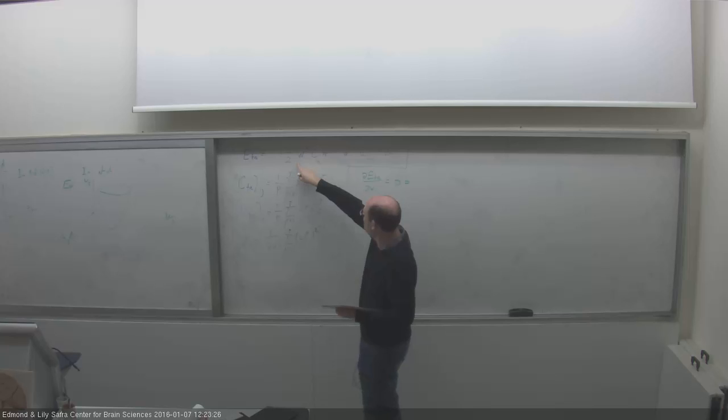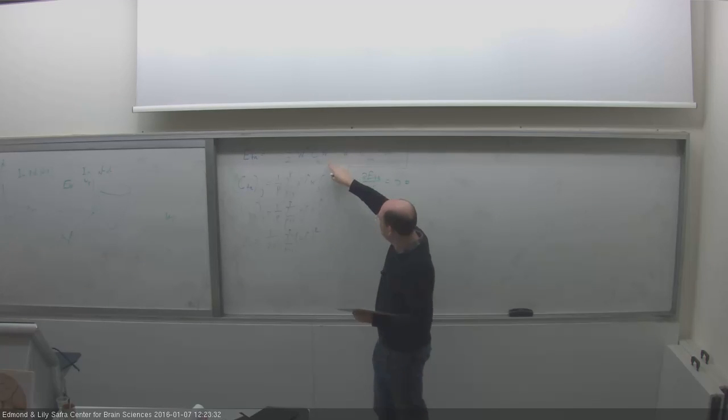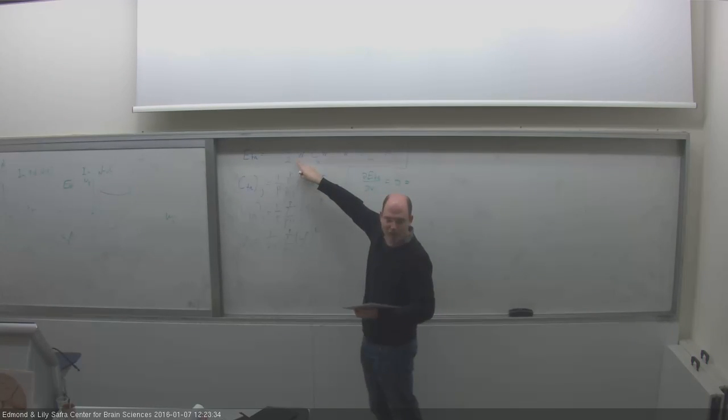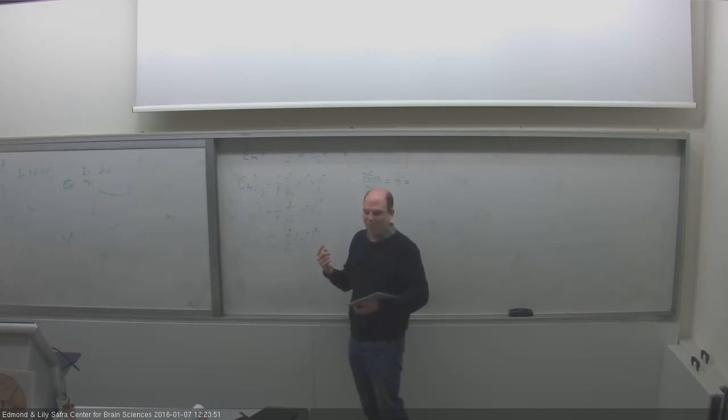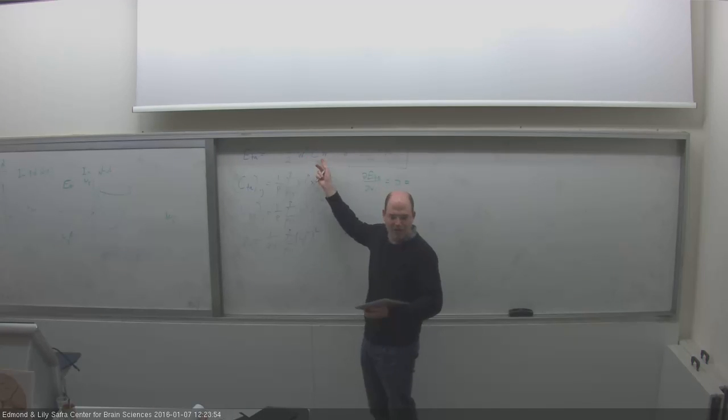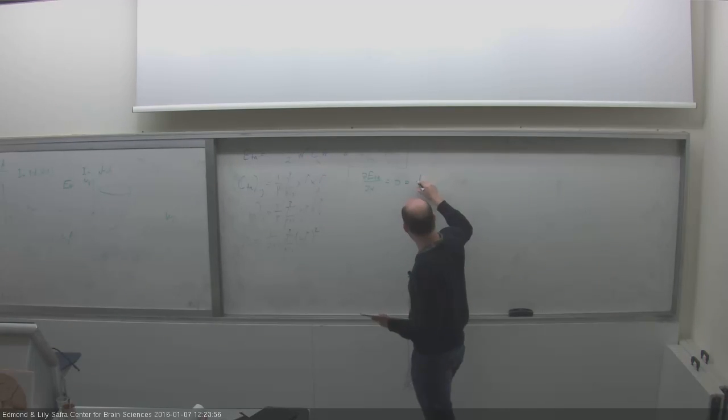So how do we take the derivative? When we look at this expression, it is really a sum over i and j, Wi, C training, Wj. So when we want to take the derivative with respect to Wi, we get two contributions, one from the Wi here, and one from the Wi here. So one contribution will look like this.